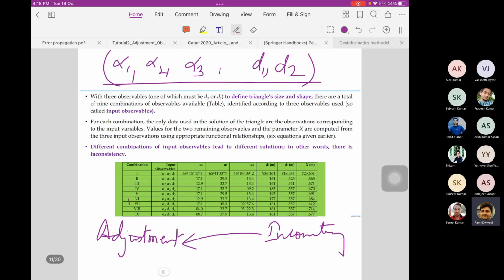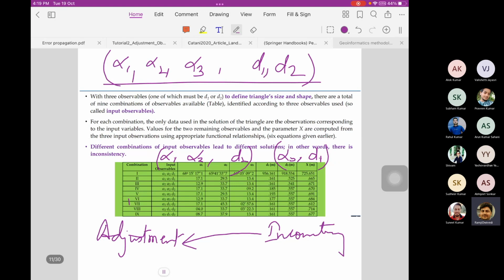Let me tell you also very frankly. Let's say alpha 1, alpha 2 and d2 are measured by a very good professional, very good staff, whom you can be proud of or rely on. But alpha 3 and d1 are measured by a newly recruited staff whose performance you have not evaluated, you have just given him the job.